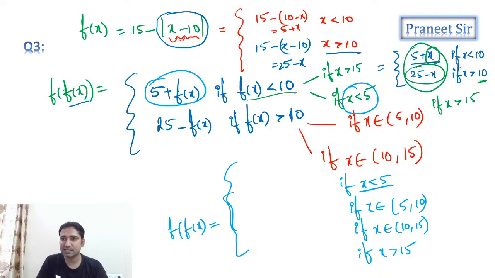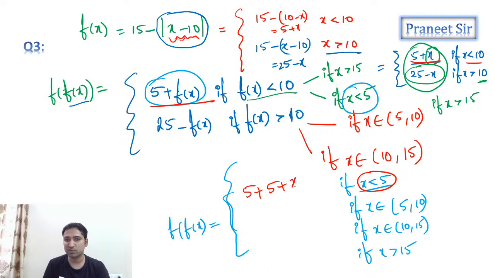But when x is less than 5, f of x will become 5 plus x. Clear now? So 5 plus 5 plus x, which is 10 plus x. This is what we are getting for this condition.